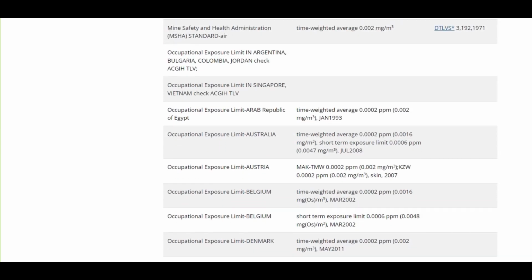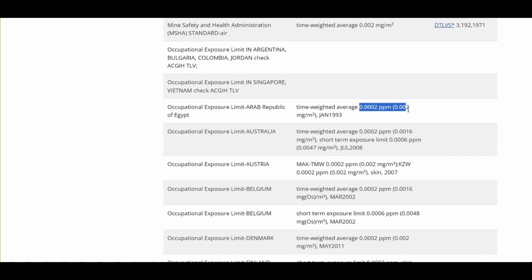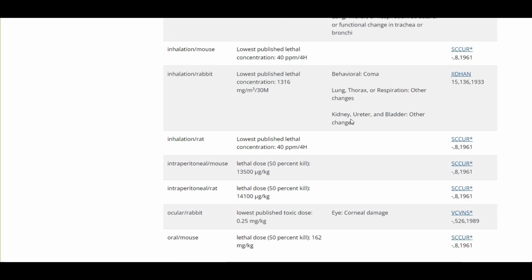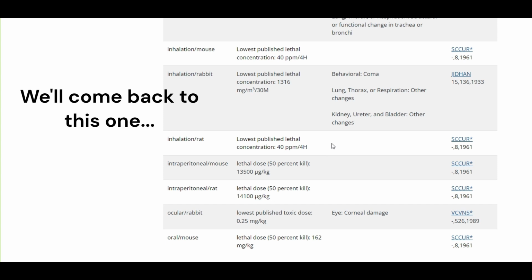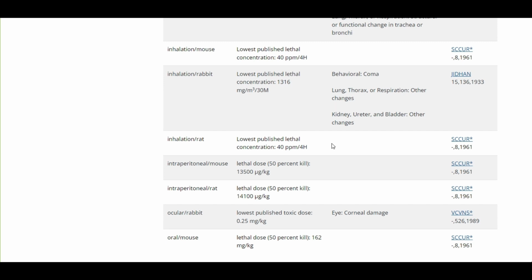I know that because I went down here, did the calculations myself, and found out that, holy shit, they were right. They already calculated it. So basically, this rat was exposed to 400 milligrams per cubic meter of air for 4 hours, and that's the lowest lethal concentration inhaled by a rat for osmium tetroxide, which honestly sounds like a bit much.